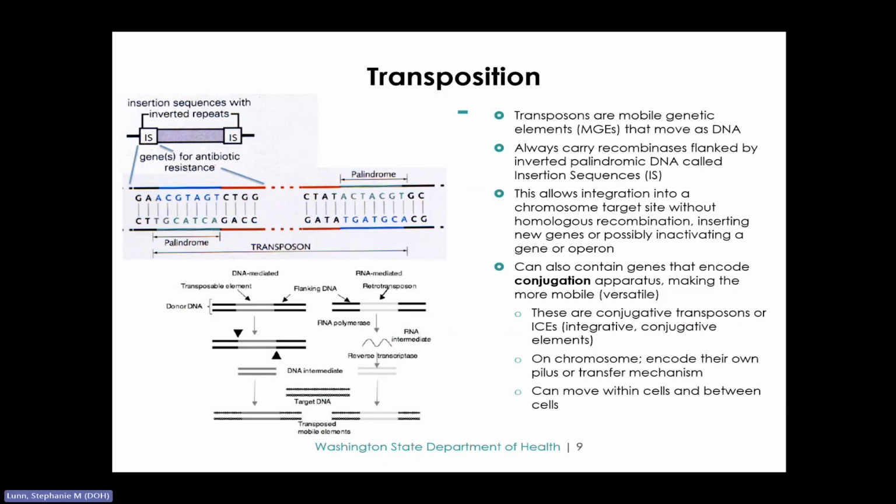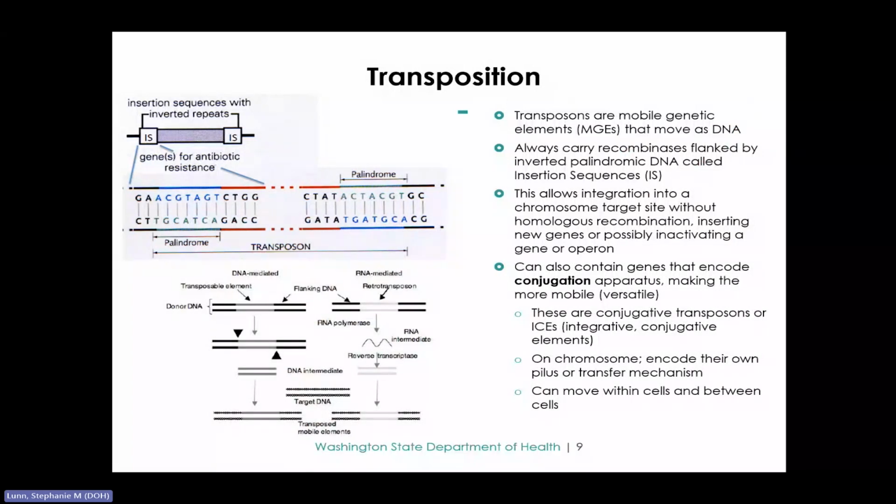So one example of a process that uses non-homologous recombination that I want to mention briefly is transposition. In the last two bacterial genomics fundamental lectures, I mentioned that one of the things you can find in a bacterial genome are transposons.